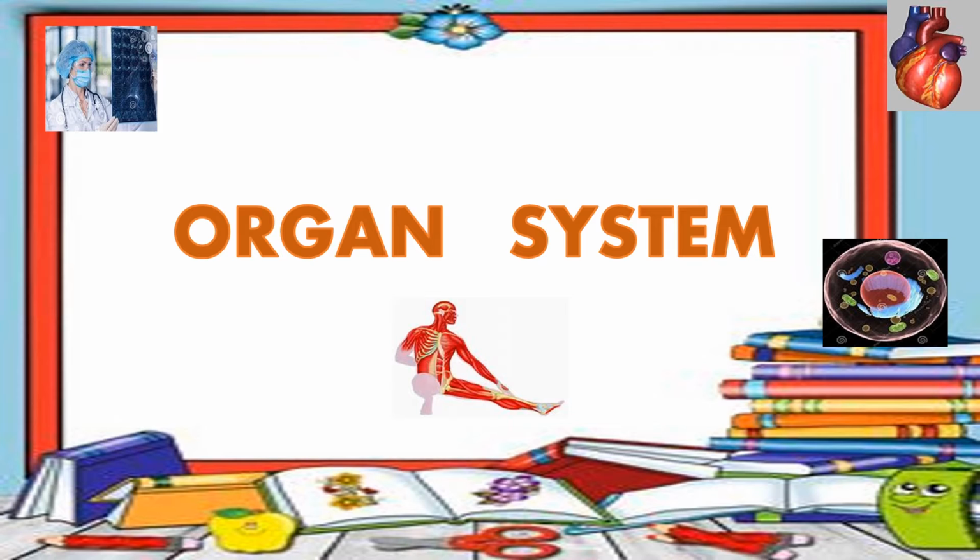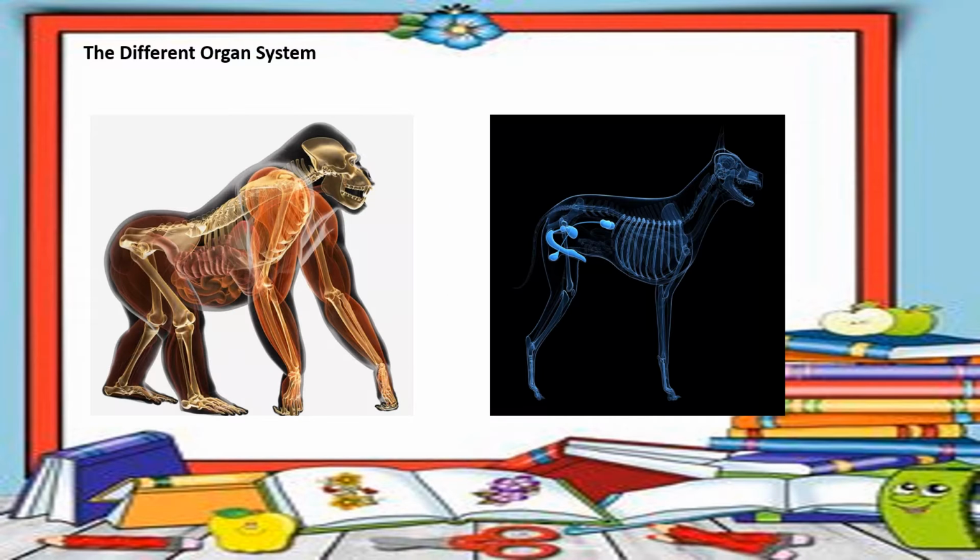Now, our lesson for today is all about organ systems. I have prepared some pictures in these slides for you to have a quick look if you can still recall or remember the type of organs that living things have.